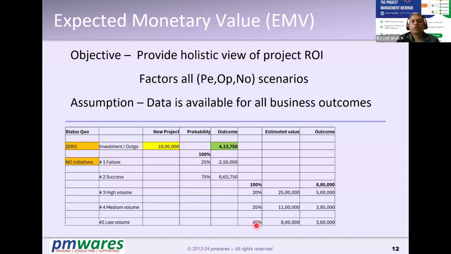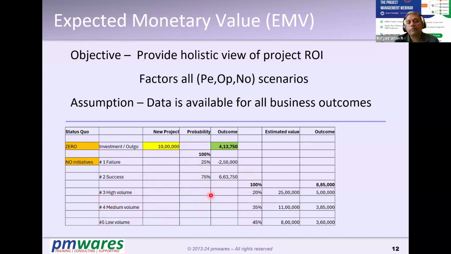So now in case of failure, there is nothing further to look at. But in case of success, I am further drilling down, having talks with my marketing team, sales team, figuring out what will be the percentage probability that we will have a high volume, medium volume, or low volume business. So again, you see that this total should add up to 100. Very important.